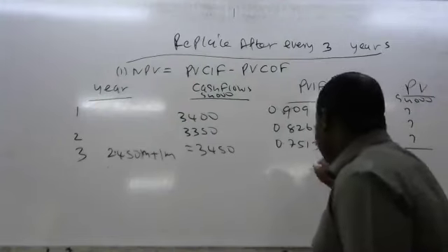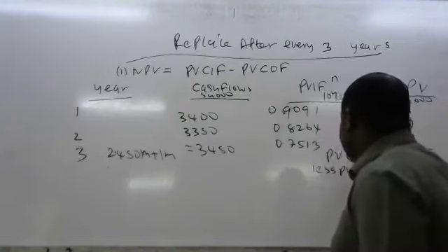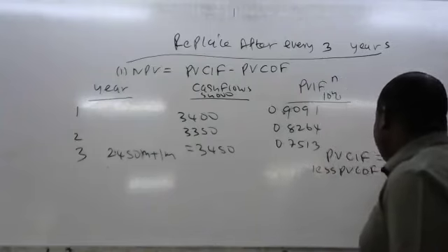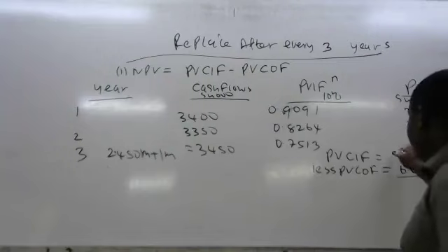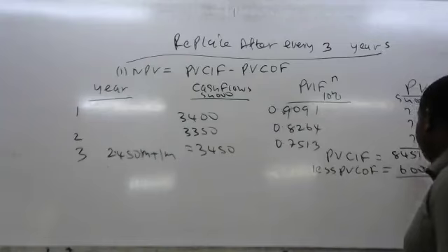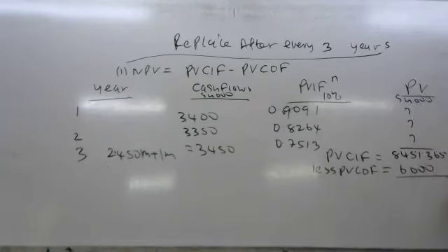Then you less present value for the cash outflows, which is 6 million. So how much is the present value for the cash inflows? 8451. So which means we get which value?